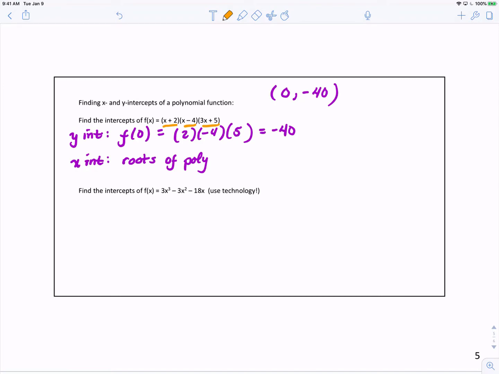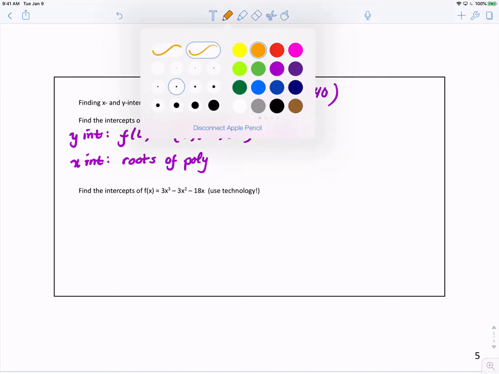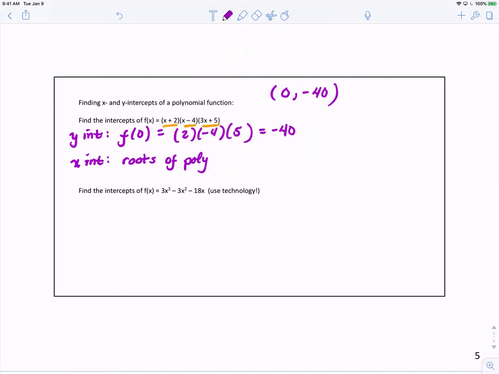To find the roots of this polynomial, we would simply have to take every factor, so the first one, x plus 2, and find out when it's equal to 0. So one root would be negative 2. We would take the next factor and find out when it was equal to 0. So another root would be 4.